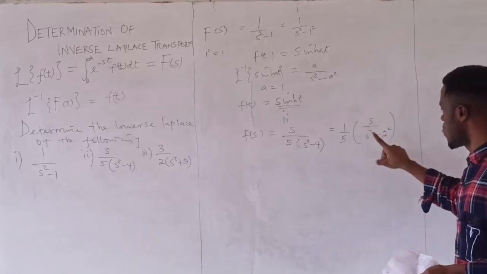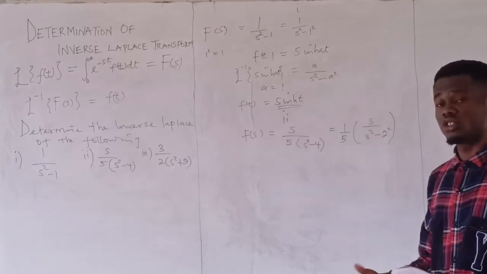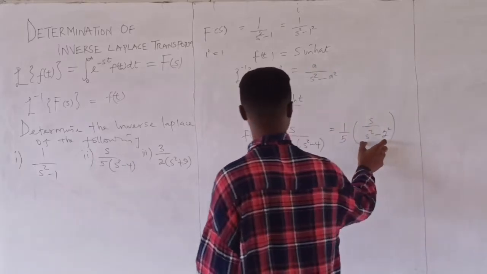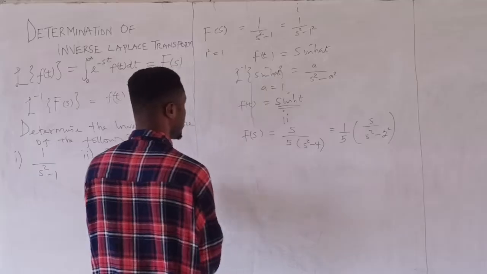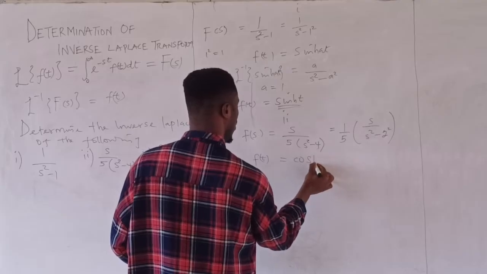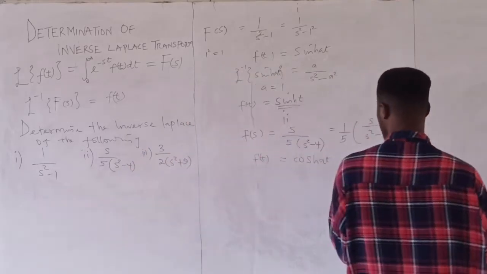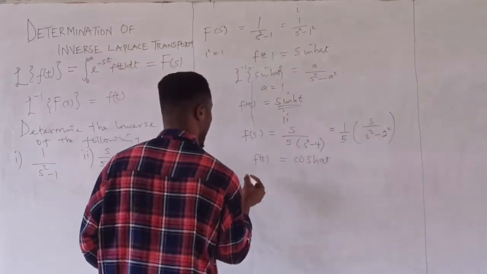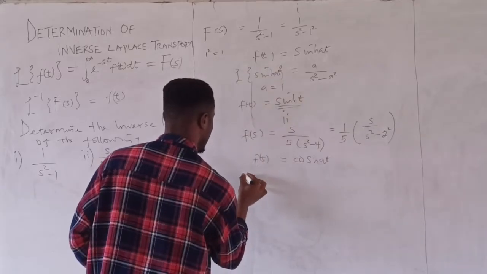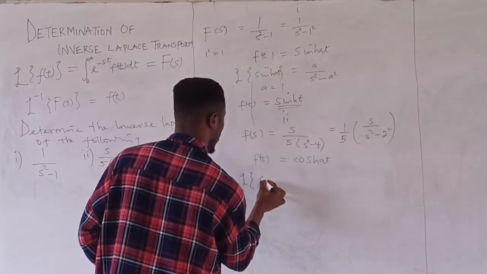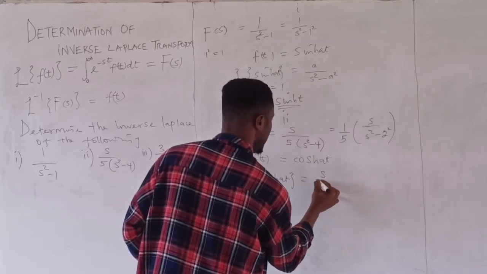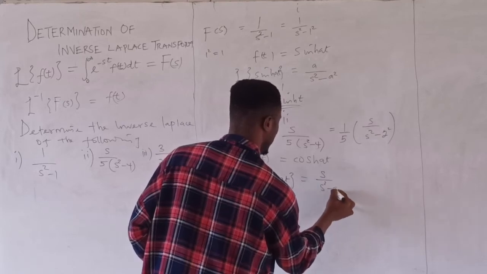Good. So having this now, if you look at this function that I have inside, it looks familiar to one of the Laplace of f of t that we've done before. So which f of t represents this kind of denominator? The f of t that represents this kind of denominator is the cosh of at. It's actually the cosh of at because we know that the Laplace of cosh at was equal to s over s squared minus a squared.